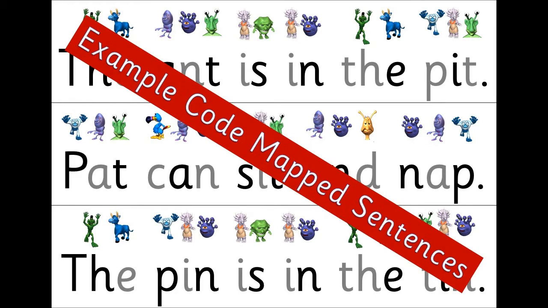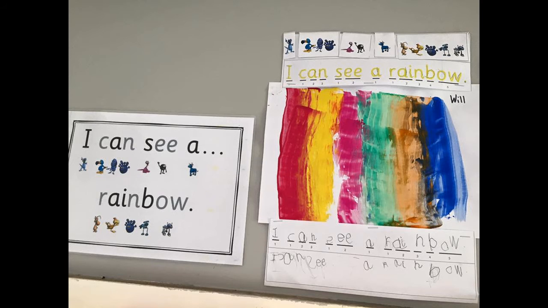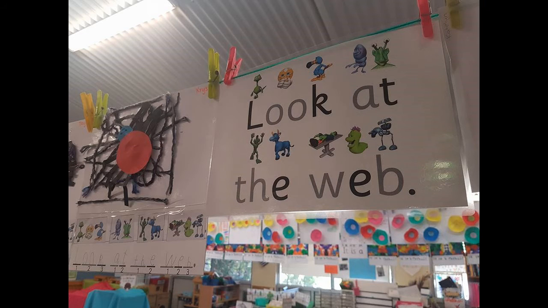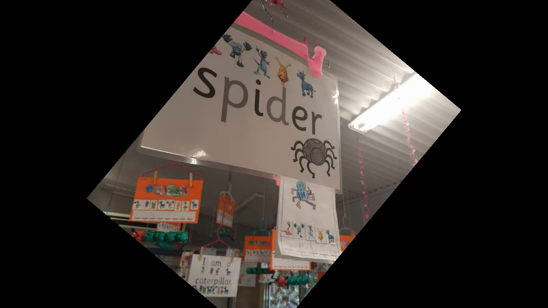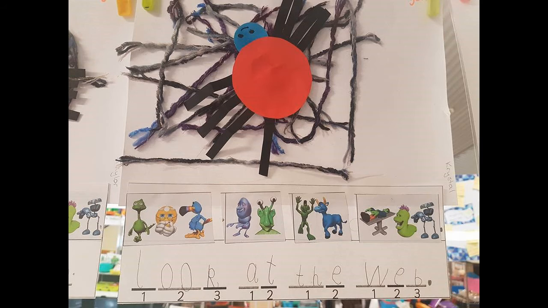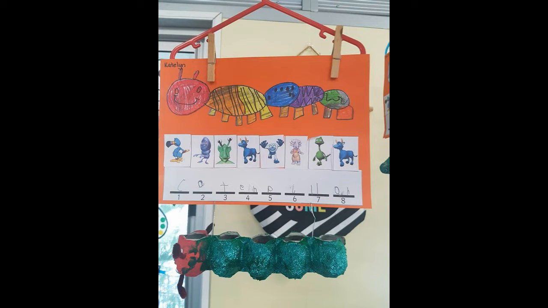But it also means that we're exploring real stories. You know, we're writing, look at the web, but they're looking at the coded words, spider. Here, the children have used their duck hands, lines and numbers for caterpillar. So they're in the first few weeks of the first term of prep and they're already spelling caterpillar using the speech sounds and the monsters.